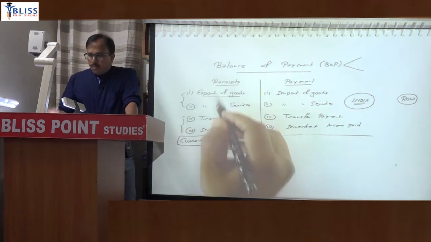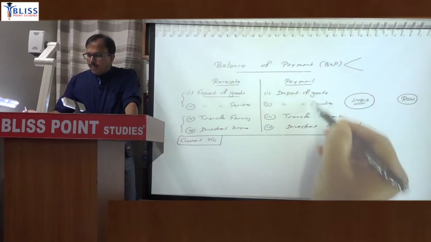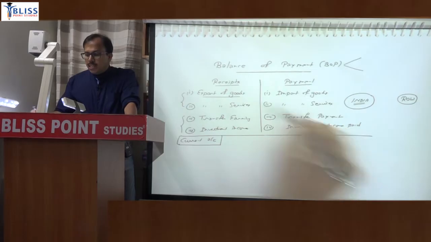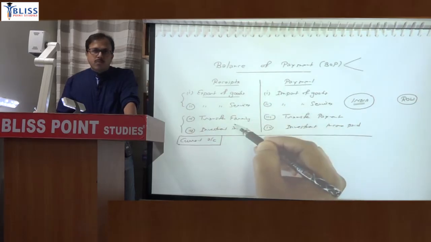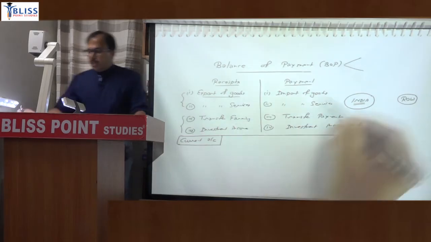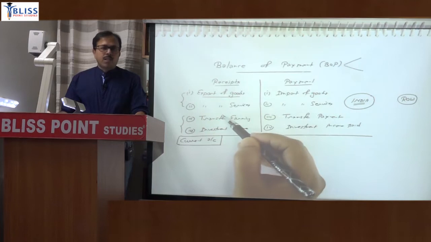That is why when you say there is a CAD, current account deficit, what does that mean? The current account will be in deficit if the payment side of the current account, which includes these four, is greater than the receipt side of the current account.